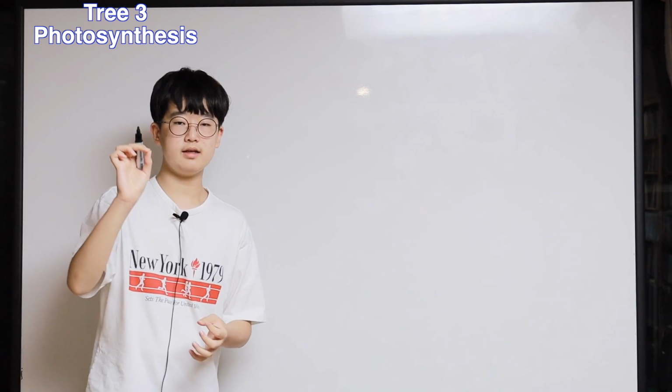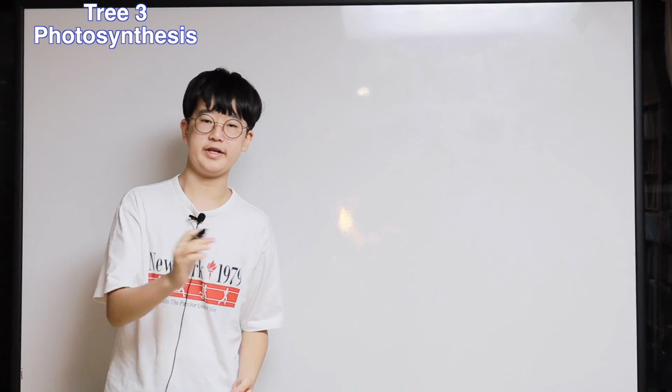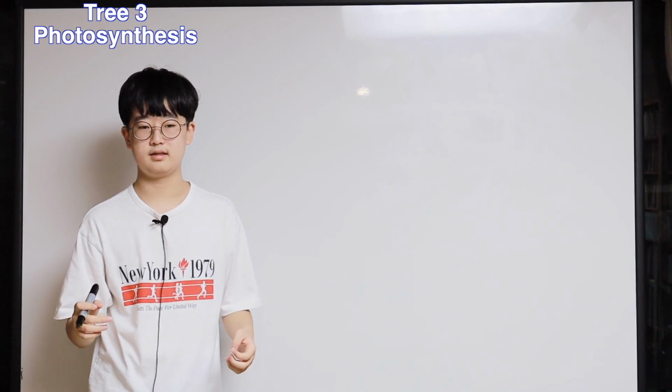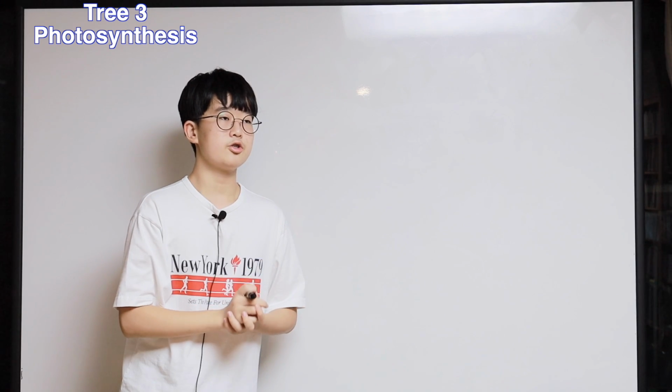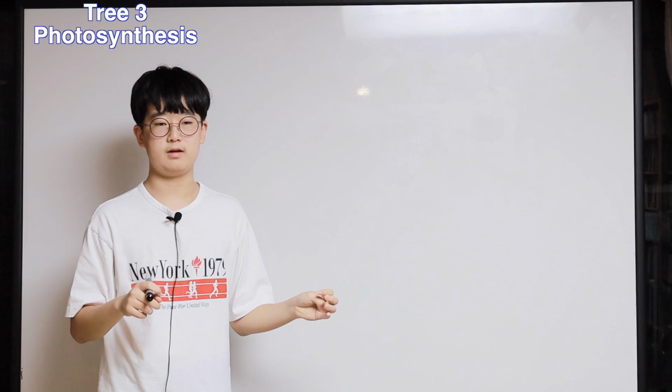But before that, if you watch my other video, Tree 2, where I explained the Krebs cycle and a little bit more after that about cell respiration. Actually, I might have done it in the first video, Tree 1.